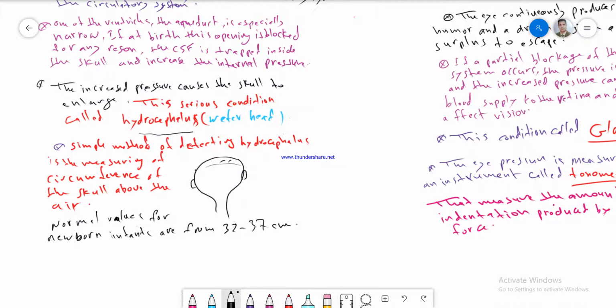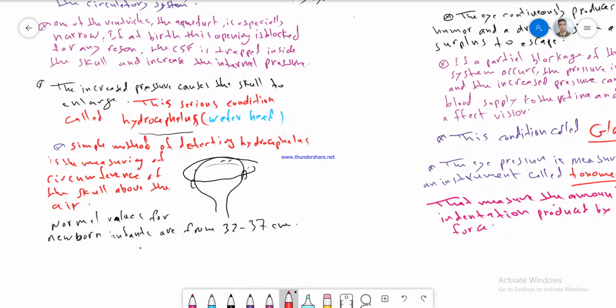A simple method of detecting hydrocephalus is measuring the circumference of the skull above the ear. Here we can determine if a newborn infant has hydrocephalus by measuring the circumference of the skull just above the ear.